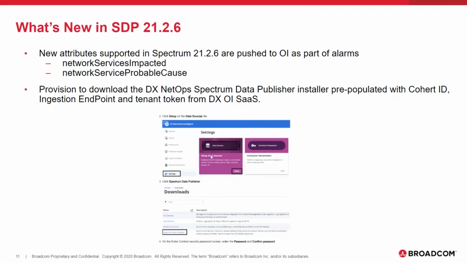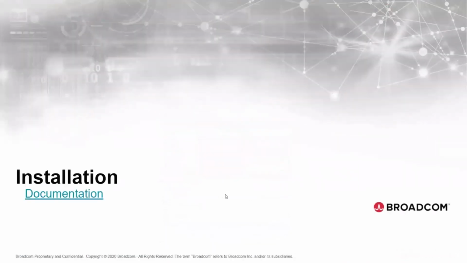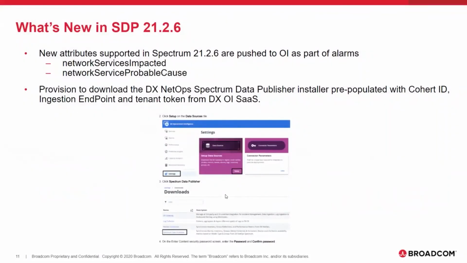Customers can directly download this from DXOI to make configuration easy. The rest of the configuration, like source configuration or what data to be published, they need to configure manually. But they need not search for the tenant ID, tenant token or endpoint. It makes it easy for customers to deploy.